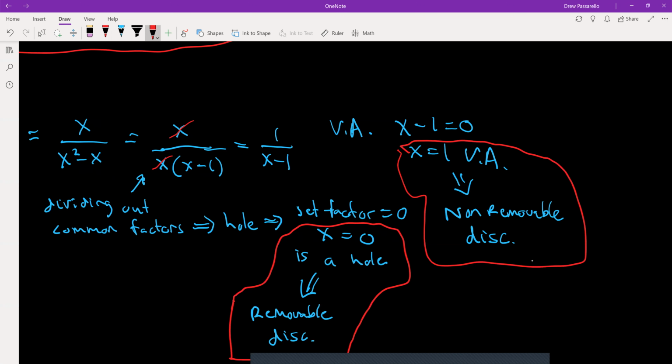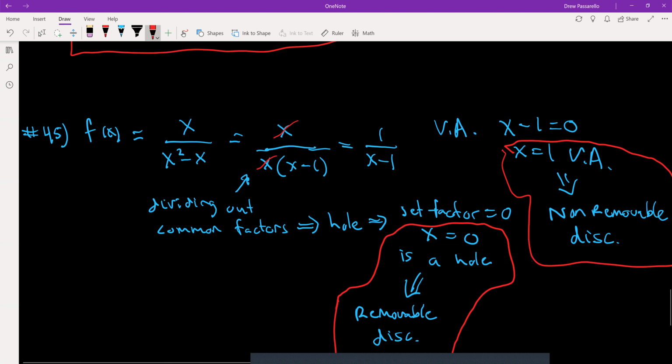So in conclusion, there's a hole at 0, that's removable discontinuity. There's a vertical asymptote at 1, that's a non-removable discontinuity.